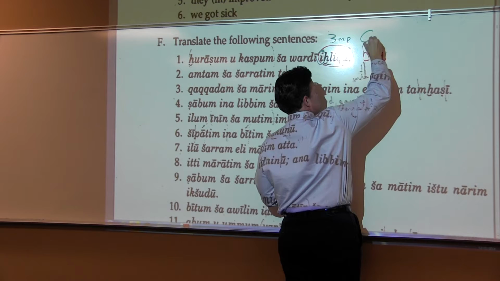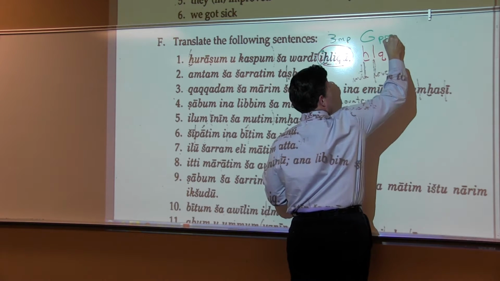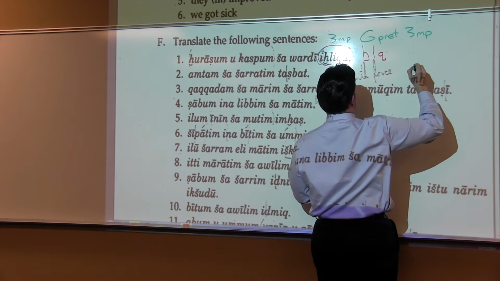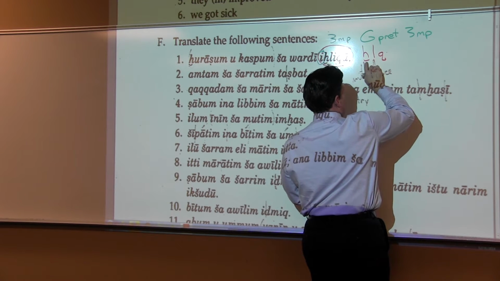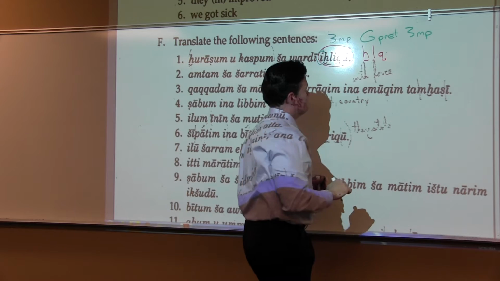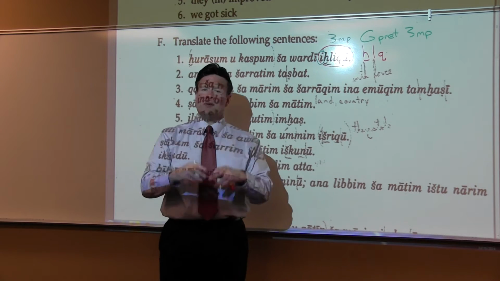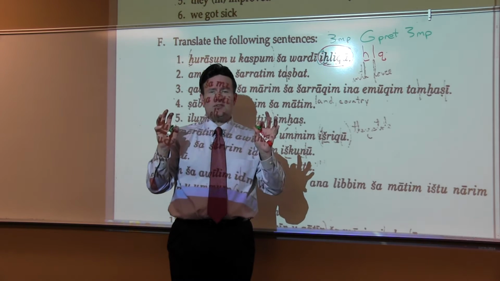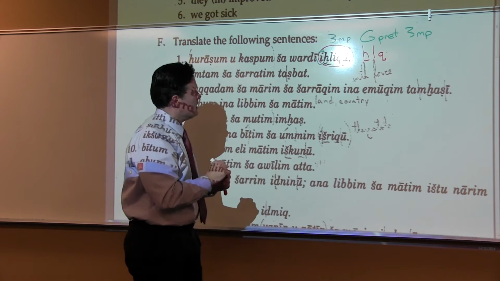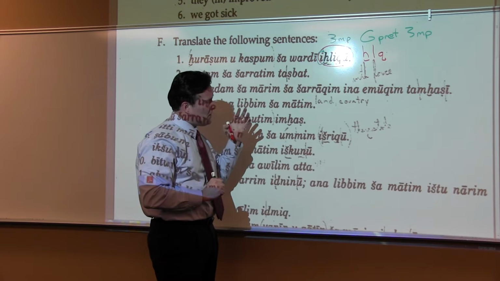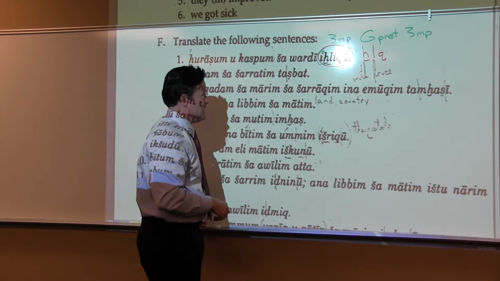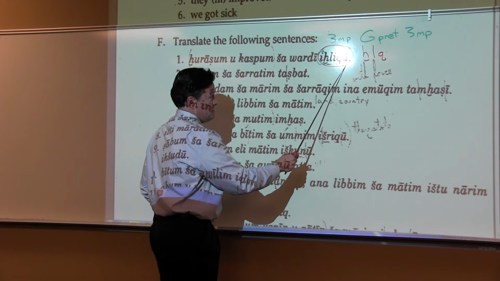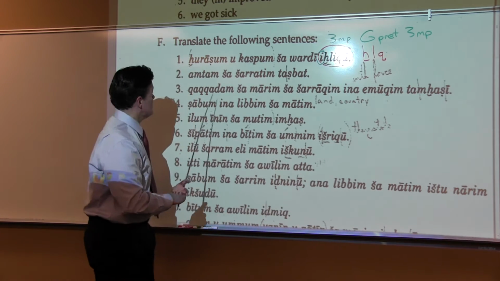So we identify this as a G preterite, third masculine plural. Now, preterite is a simple past. It's a snapshot occurrence. This is a very important verbal form in Akkadian. So, they perished. Now, who is the subject?